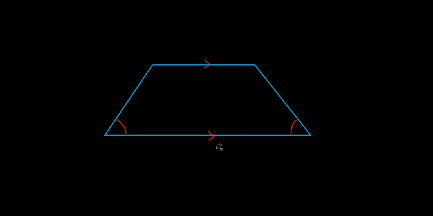It must be an isosceles trapezoid. Because check this out. If those are parallel, then this and this are supplementary, and this and this are supplementary, so those two would be equal. So look what I have. I got two pairs of base angles that are equal to each other. So guess what this is? This is an isosceles trapezoid. Okay? All right, enough of that. Let's continue.